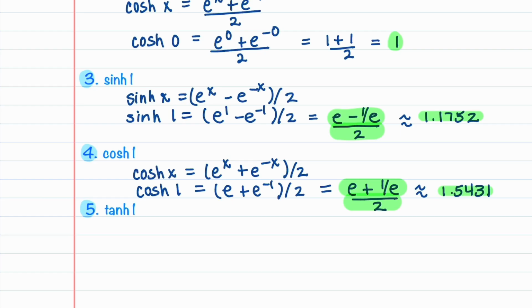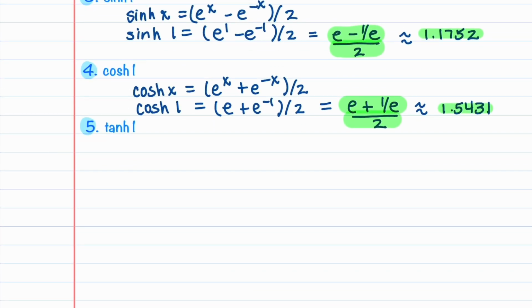Let's now look at number 5. We are going to evaluate tanh of 1. Tanh of x is sinh of x, all divided by cosh of x. Very similar to our trig function, tangent is equal to sine over cosine.